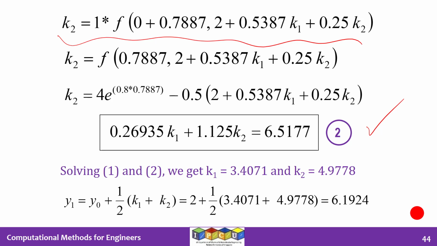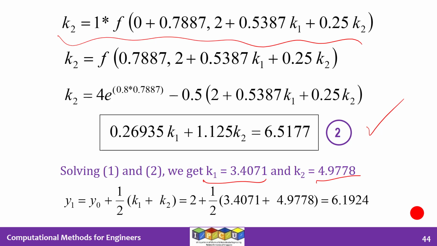It will typically be the simultaneous solution of a system of equations. Luckily here, because the function f in this particular question is linear in y, we do not have to go for an iterative technique. The system of equations that we have to solve to find out k1 and k2 is linear in nature. So we can solve and we get k1 is equal to this and k2 is equal to this.